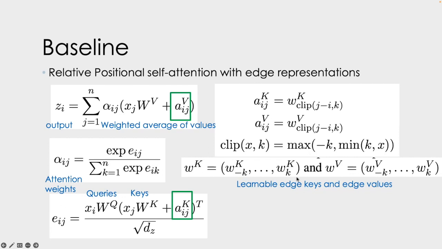And these are the learnable edge keys and edge values, and they're included in the attention calculations. If you are not familiar with attention, I would again recommend you read the step-by-step transformer. There I have a more intuitive way to explain the attention mechanism.